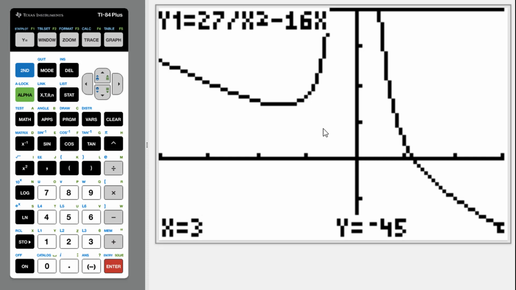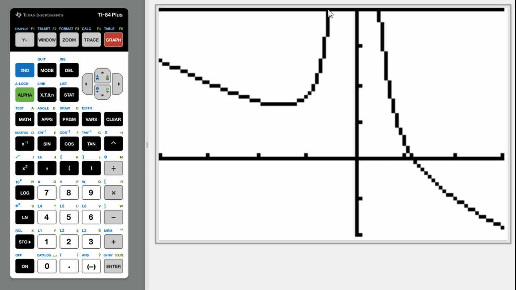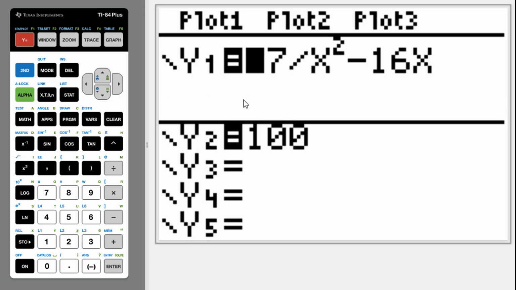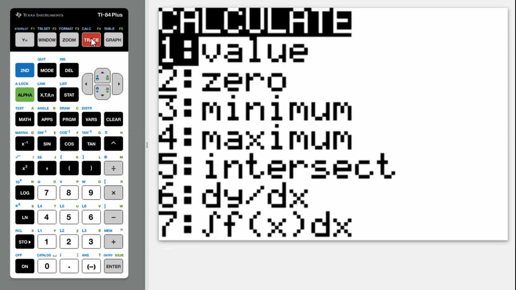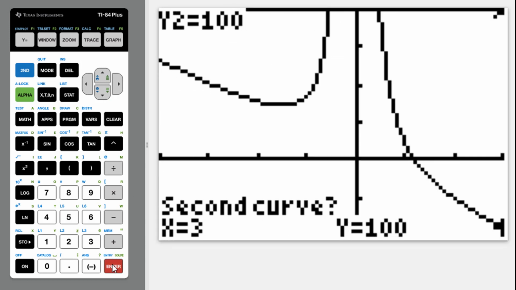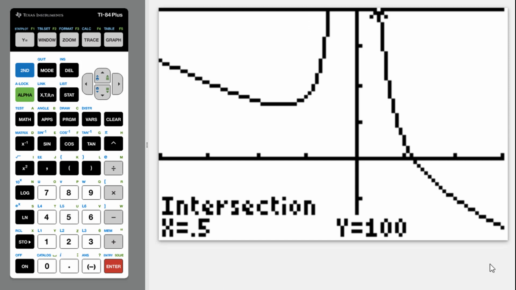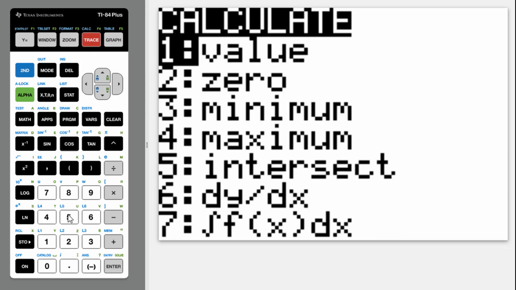For this window, try to figure out these two intersections. So I put y equals 100 for y2. Second trace, go to 5. Then enter, enter, enter. You will get 0.5 or 100. Now let's go to the second intersection, second trace, 5.